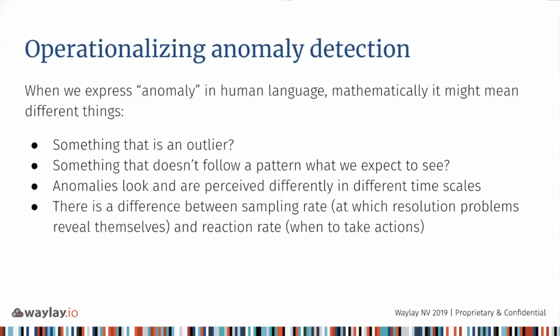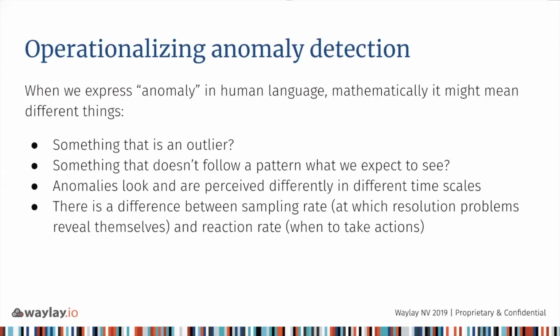There's obviously also a difference between the sampling rate at which the problems, the outliers, present themselves, and the time where you have to take action. In some cases, you want to take immediate action. In other cases, you have some time to react. And maybe in some cases you need to get information from other systems before you can act.